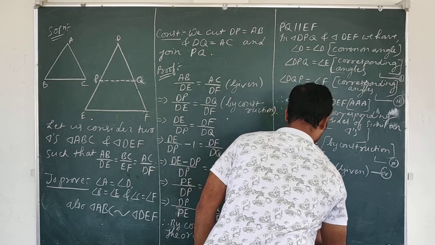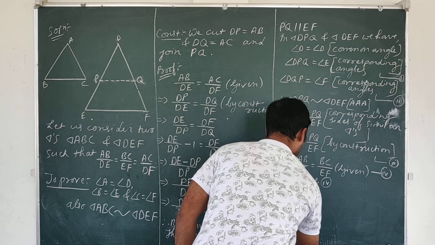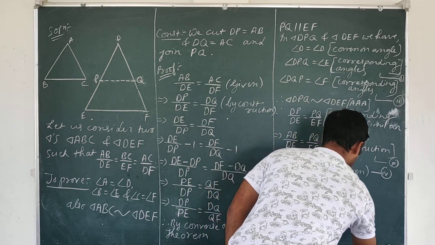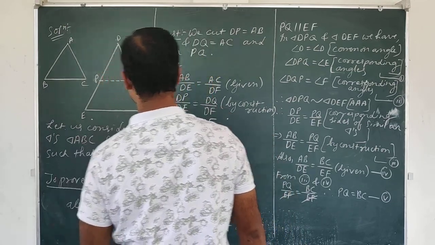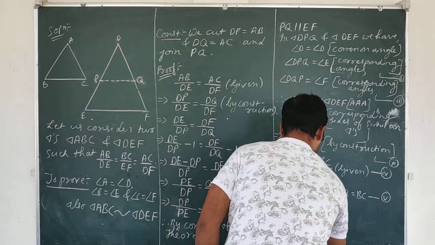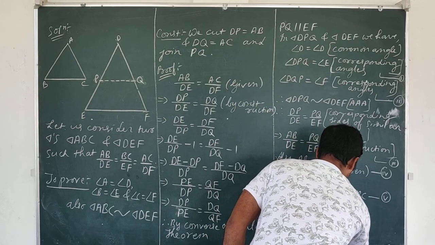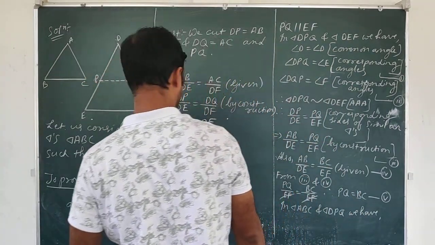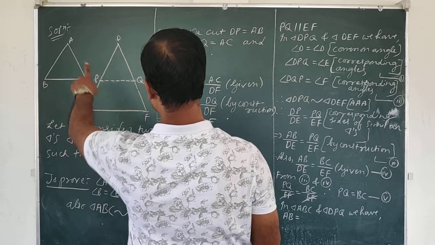So friends, from 3 and 4, BC by EF is equal to PQ by EF, so BC is equal to PQ.